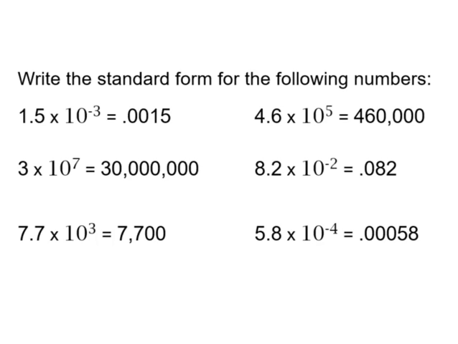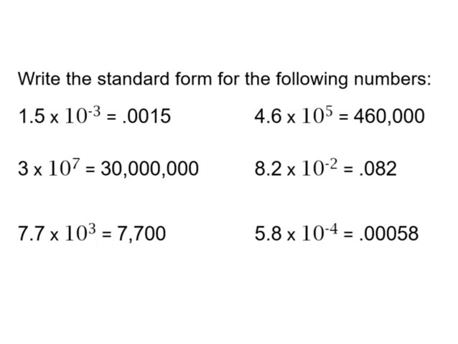All right, let's look at our answers. For 1.5 times 10 to the -3rd power, our standard form is 0.0015. For 4.6 times 10 to the 5th power, our standard form is 460,000. For 3 times 10 to the 7th power, our standard notation is 30 million.